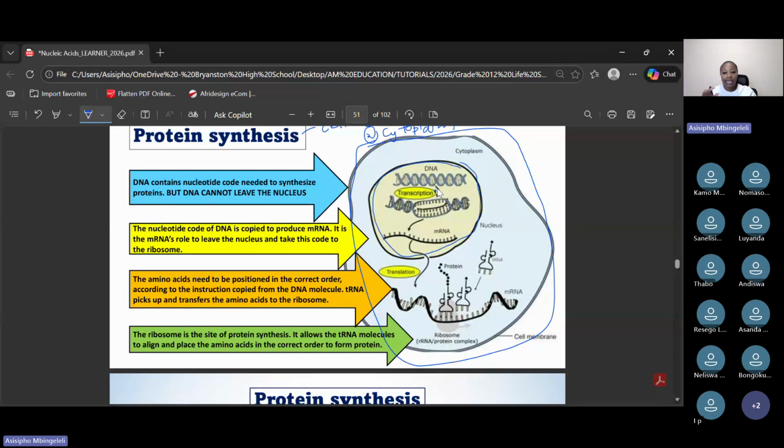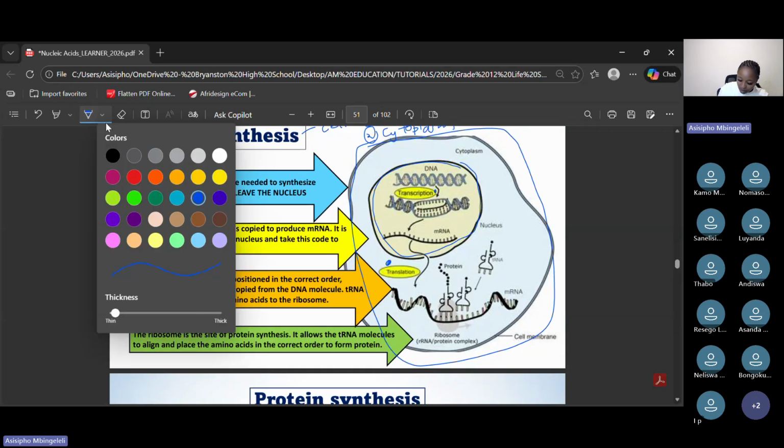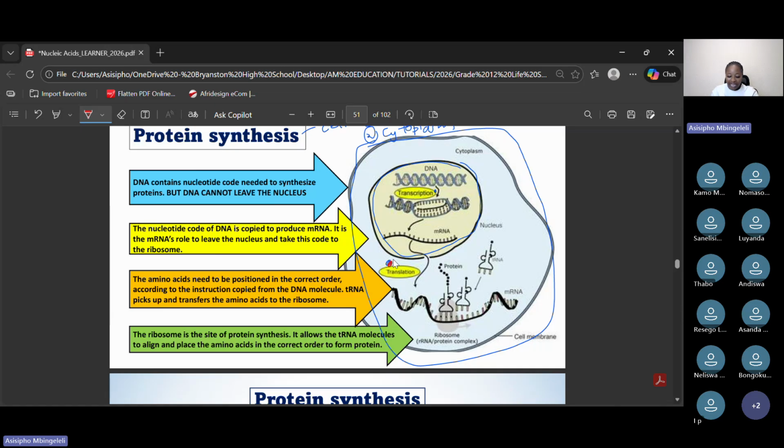And then the second stage, I said it's taking place in the cytoplasm. There it is. Maybe I need to change my color to red so that it can be visible. There it is. There's translation. It will take place in this jelly-like substance over here where metabolic reactions will take place, the cytoplasm. That's all that we need to know for now.